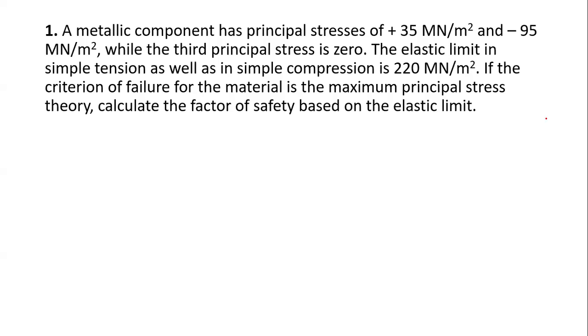Oh, sorry. Let me just put this. If we are looking at the criterion of failure being the maximum principal stress theory, we calculate the factor of safety based on the elastic limit.